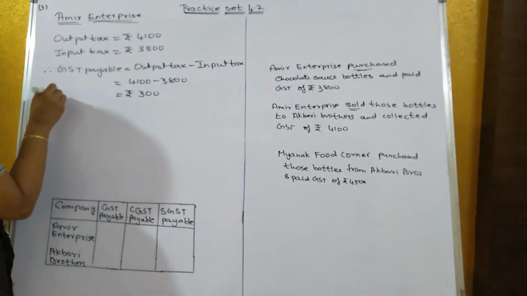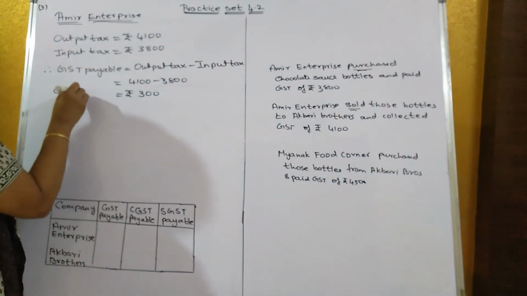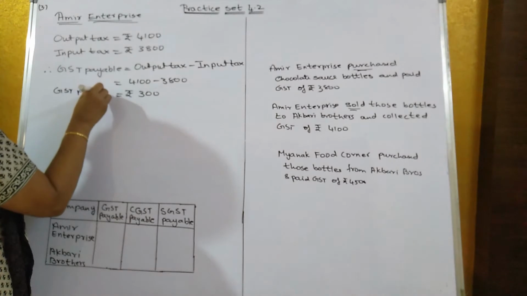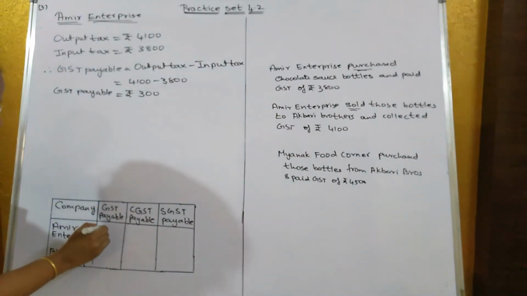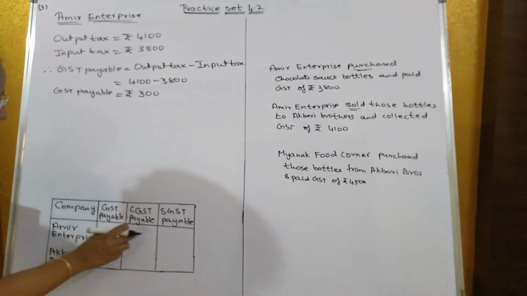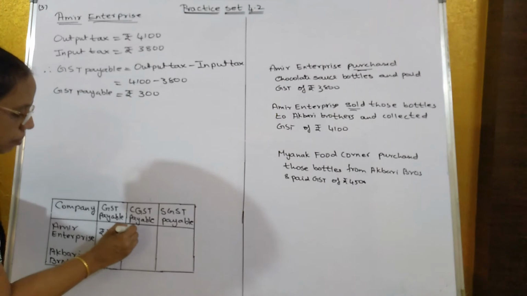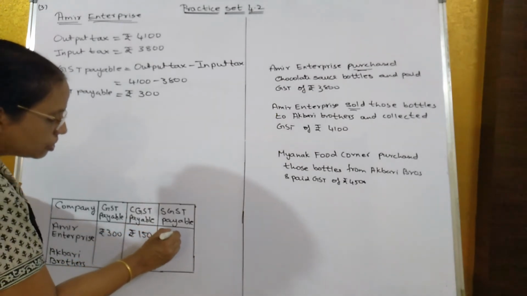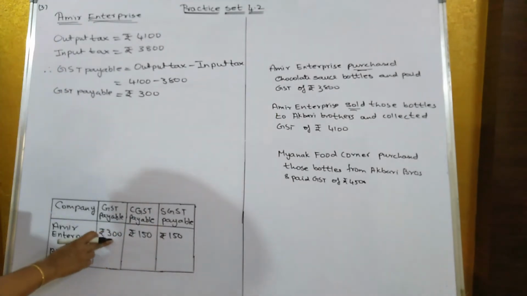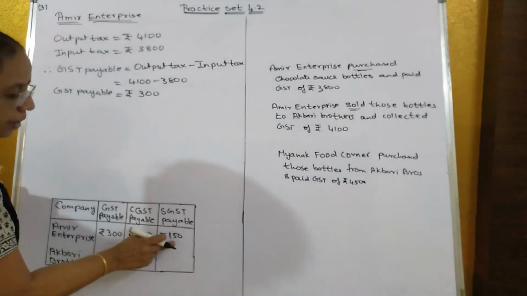So GST payable by Amir Enterprise is how much? Rupees 300, and half of this will go to CGST, so this will become rupees 150, and same is the case of SGST also. So whatever the GST payable is, half goes to CGST and half to SGST.